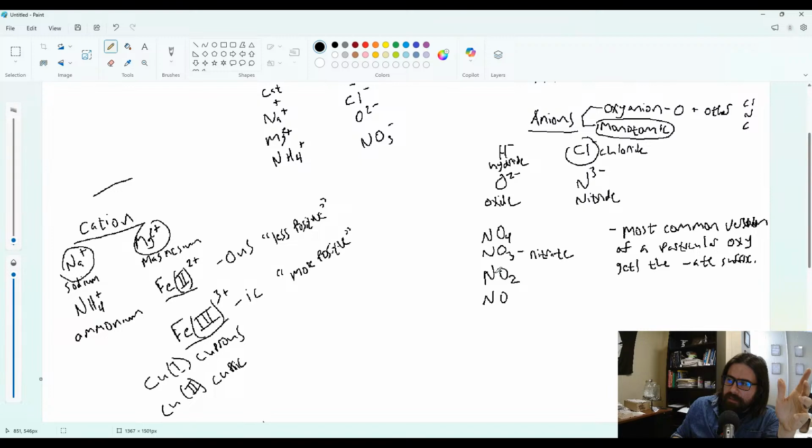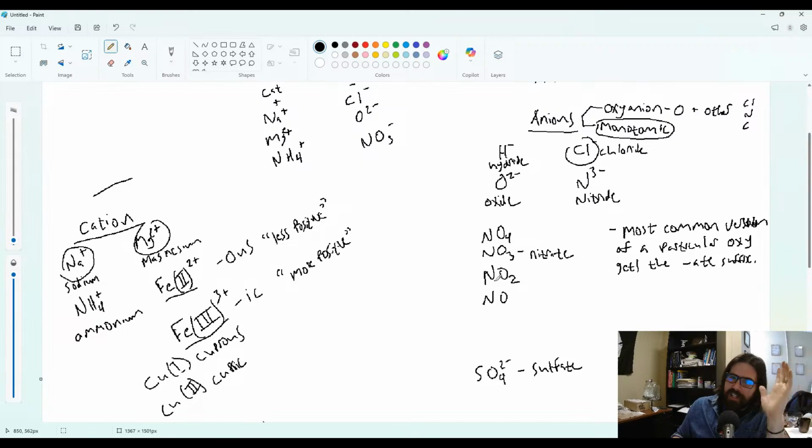So for example, on the other hand, something like SO4 2-, right? That is the sulfate ion because it is the most common combination of sulfur and oxygen. Now, again, notice that the most common version of sulfur and oxygen has 4 oxygens. The most common version of nitrogen and oxygen has 3 oxygens.